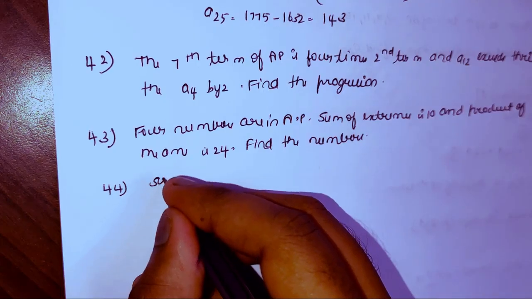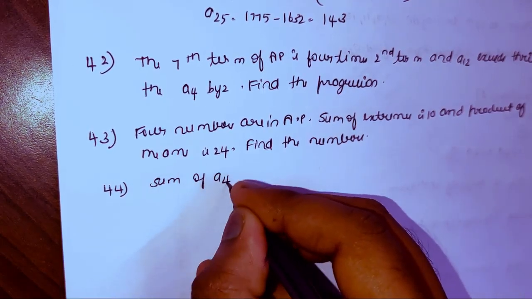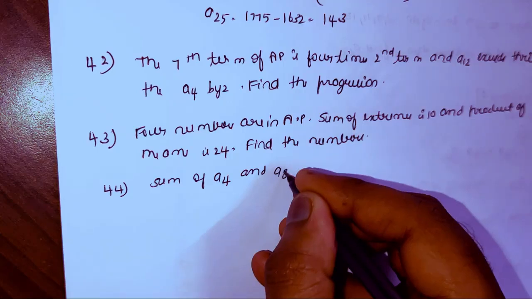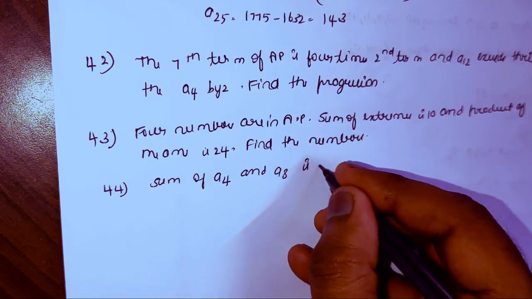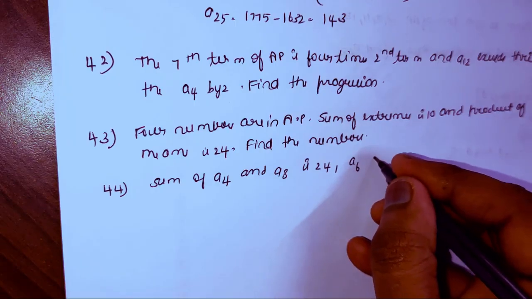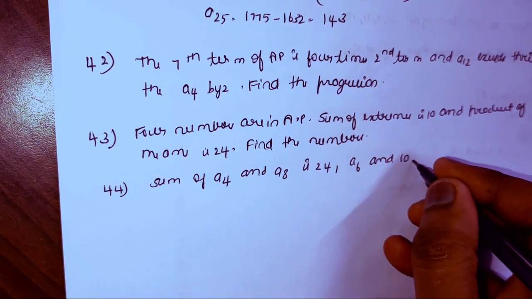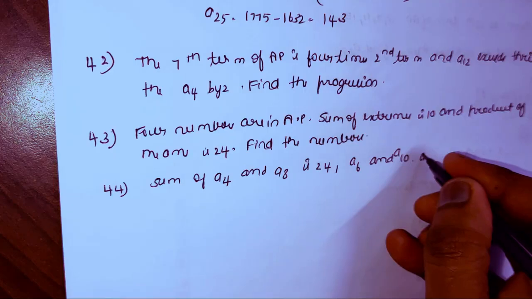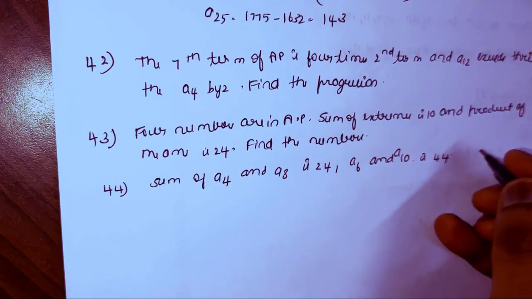44th, sum of 4th and 8th term is 24 and sum of 6th term and 10th term is 44.